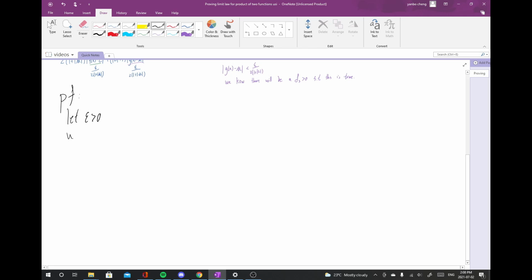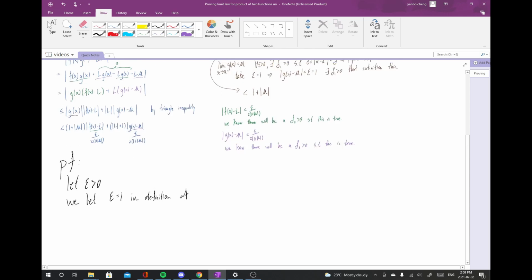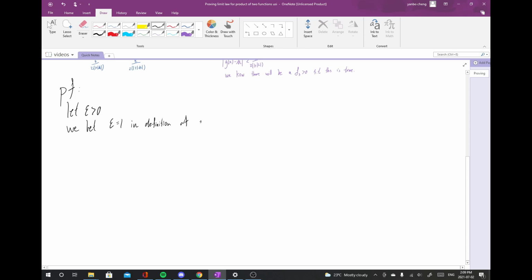We will let epsilon be equal to 1 in the definition of g of x's limit.